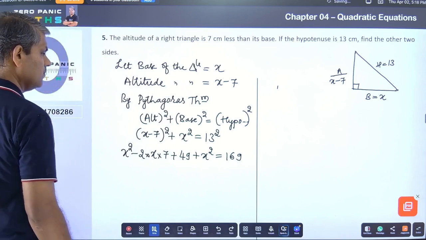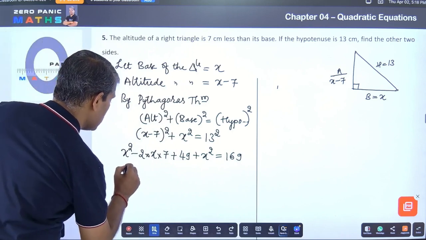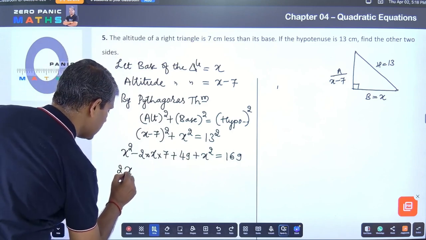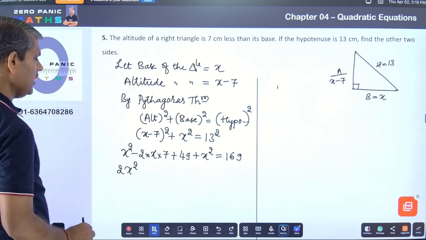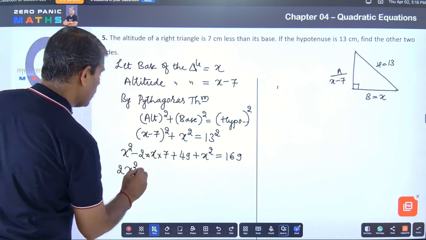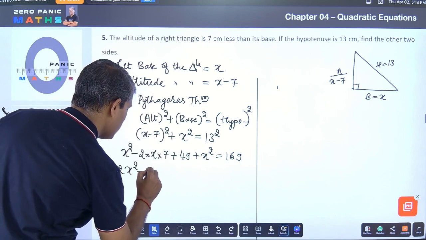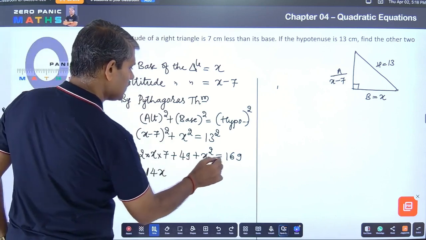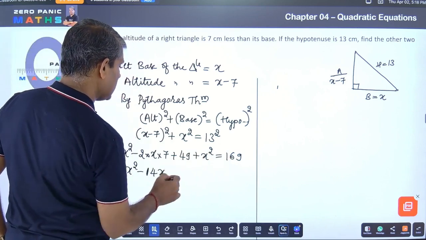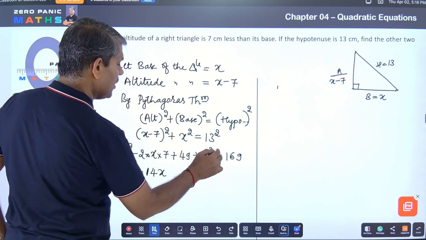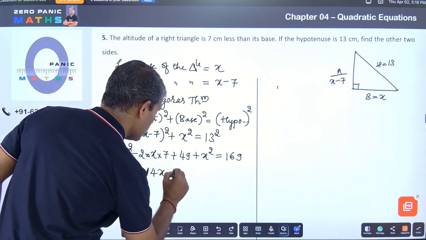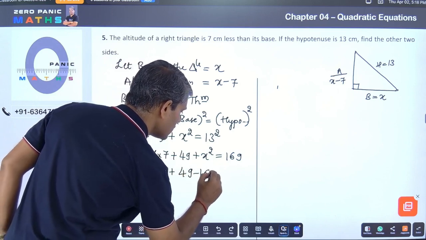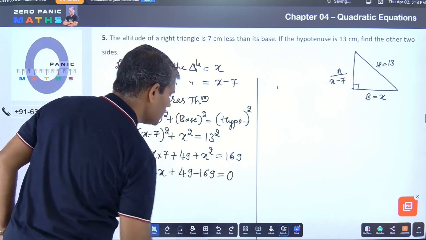Now x square and x square, this I can consider as 2x square already, and then minus 14x. Now bring this 169 to this side, that will become minus 169. So 2x square minus 14x plus 49 minus 169 is equal to 0.